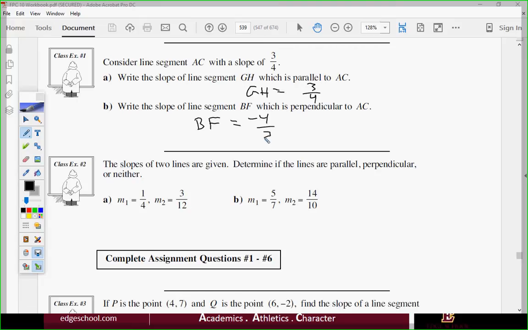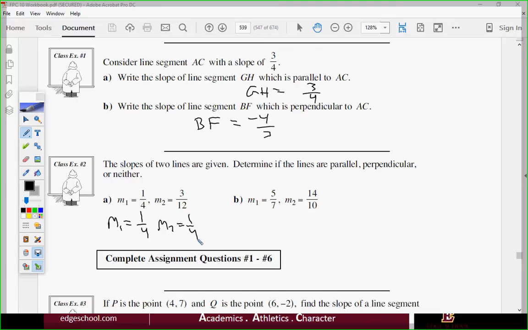And are they parallel? 1/4 and 3/12 look different, right? But they are parallel, because 3 over 12 reduces. 3 goes into 3 once, and 3 goes into 12 four times. So 3 over 12 is another way of writing 1/4. Okay, no problem.